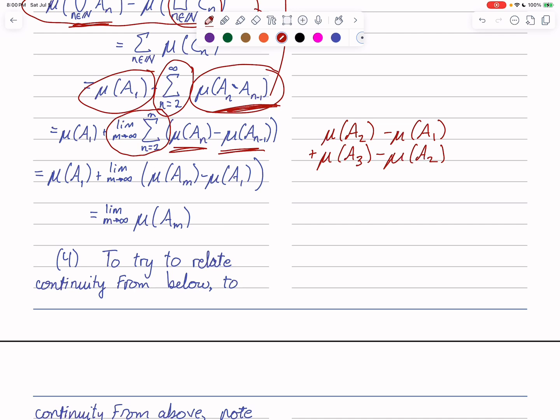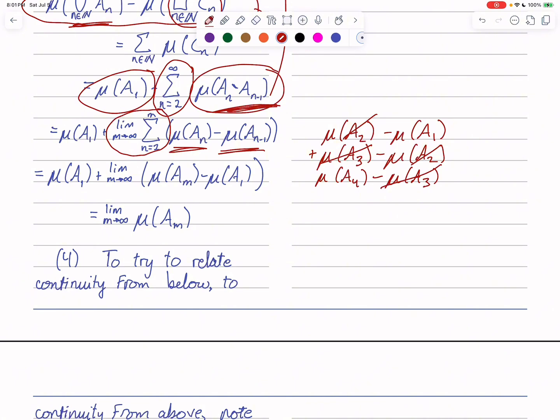And what's really magical about that is that these A2s cancel each other out. Okay, great. Now let's set n equal to 4. So we get mu A4 minus mu A3. And now the A3s cancel each other out and so on.